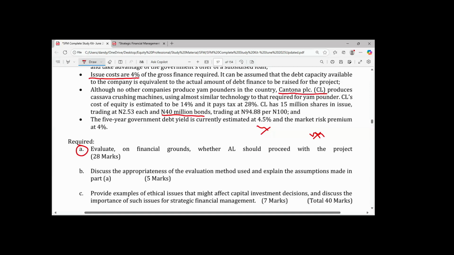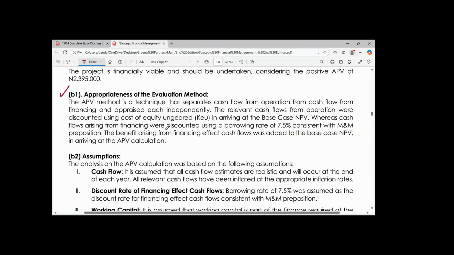All right. So to answer that, I said the APV method is a technique that separates cash flow from operation from cash flow arising from financing and appraises each independently. The relevant cash flow from operation were discounted using cost of equity ungeared in arriving at the base case NPV, whereas cash flow arising from financing were discounted using the borrowing rate of 7.5%, consistent with the M&M proposition.